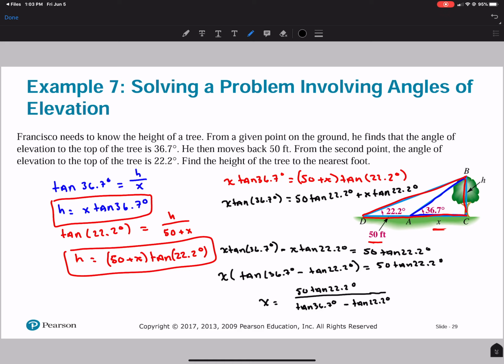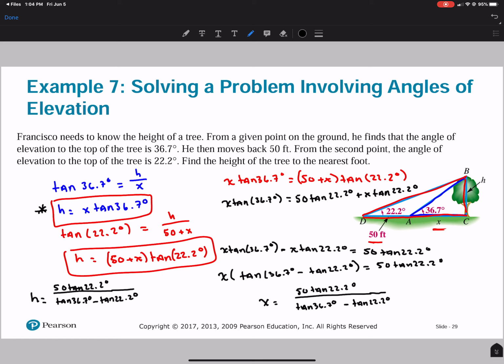All right? And now we can just plug it into any one of these equations. I would say plug it into the easiest one, which is this one. So this is h is equal to 50 tangent of 22.2 degrees all over your tangent of 36.7 degrees minus the tangent of 22.2 degrees.